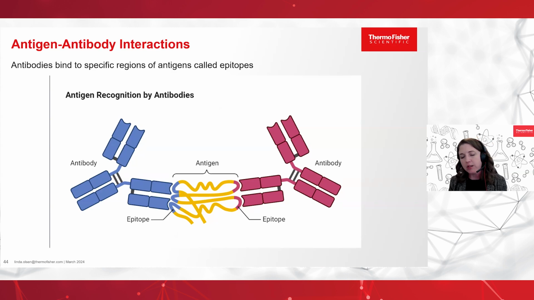It's binding to a particular section, and that may be partly because of the way the protein is folded, a conformational epitope, but there is a specific region where the binding capacity of the CDR or the antigen binding fragment of the antibody is complementary to the binding capacity of the amino acid sequence, the folding, the binding capacity, the side chain properties, etc. And so where you have these interactions, you have the antibody binding to an epitope that is a specific region of an antigen that it is reactive to.